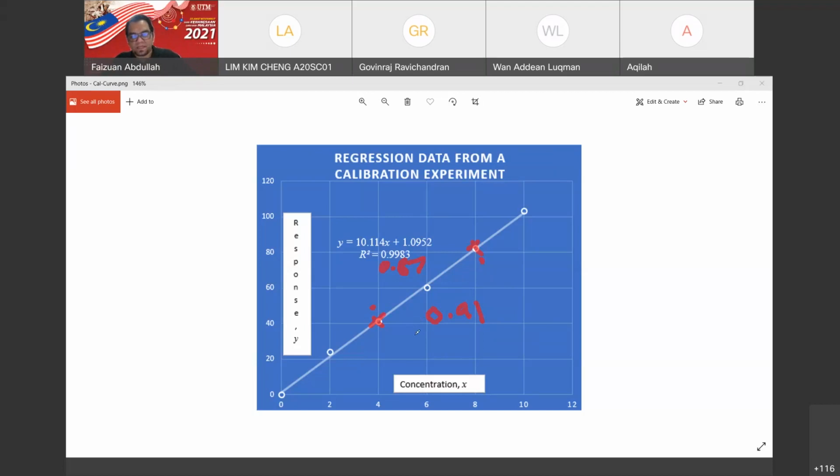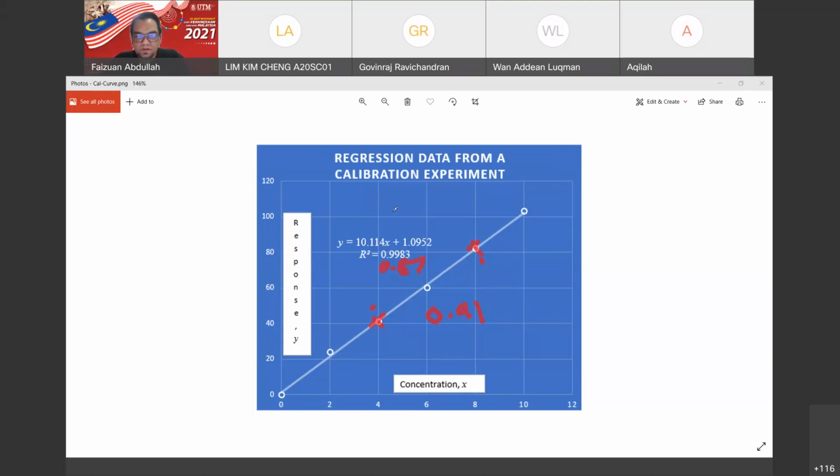If all the points are perfectly on the straight line, what is the R square value? The value is 1. But it is almost impossible for humans. We have error in doing this.